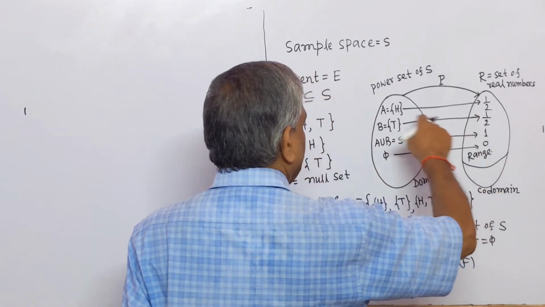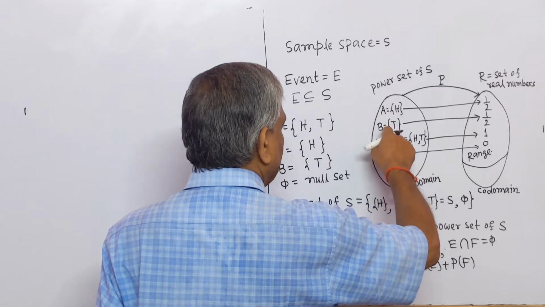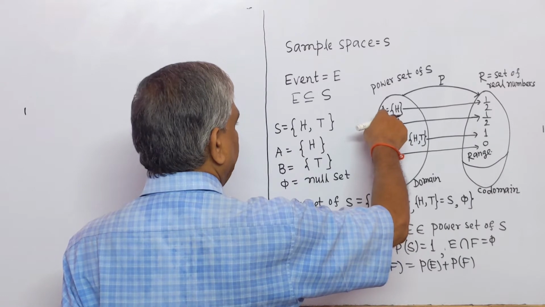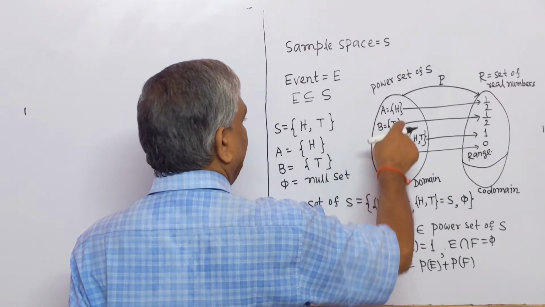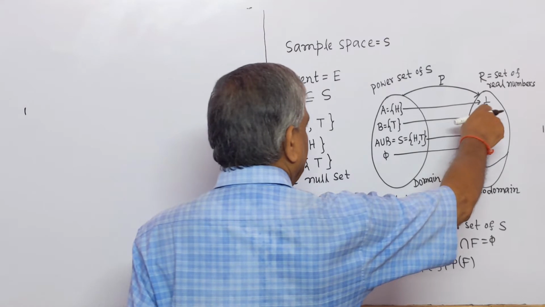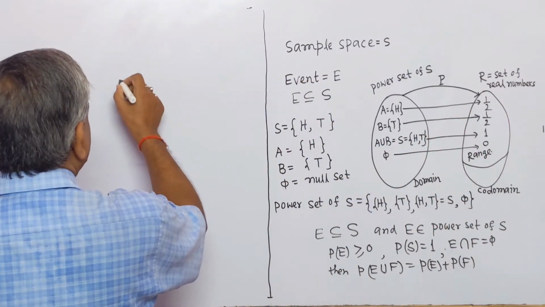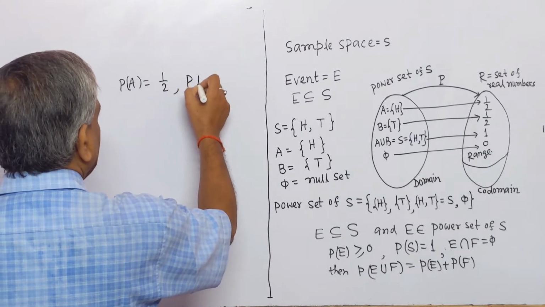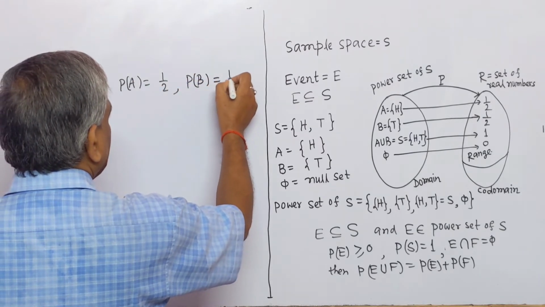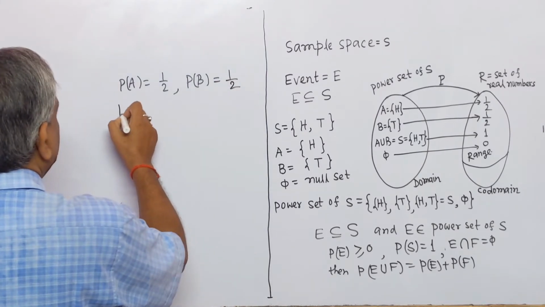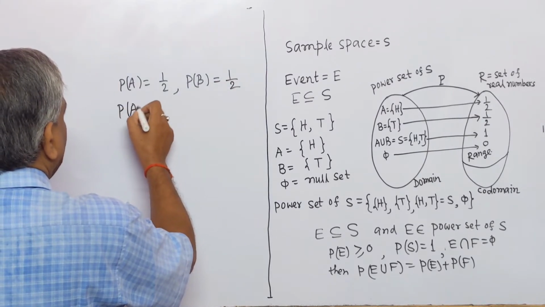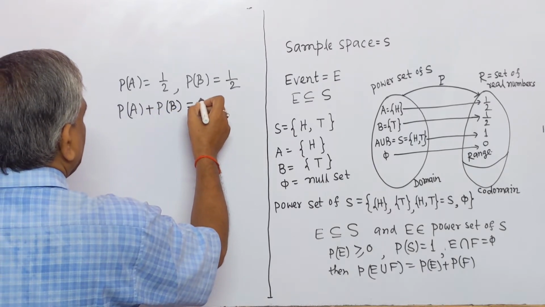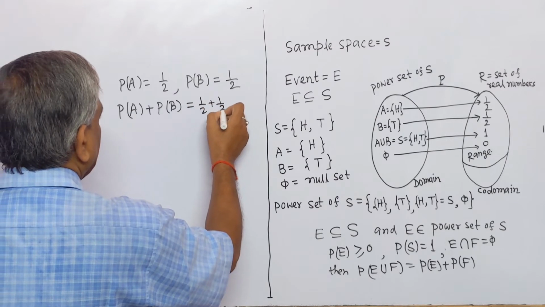Here A and B are mutually exclusive, because if we take the intersection of A and B, then we will get phi. And here it is obvious that P(A) equal to half, P(B) equal to half, P(A) plus P(B) equal to half plus half equal to 1.